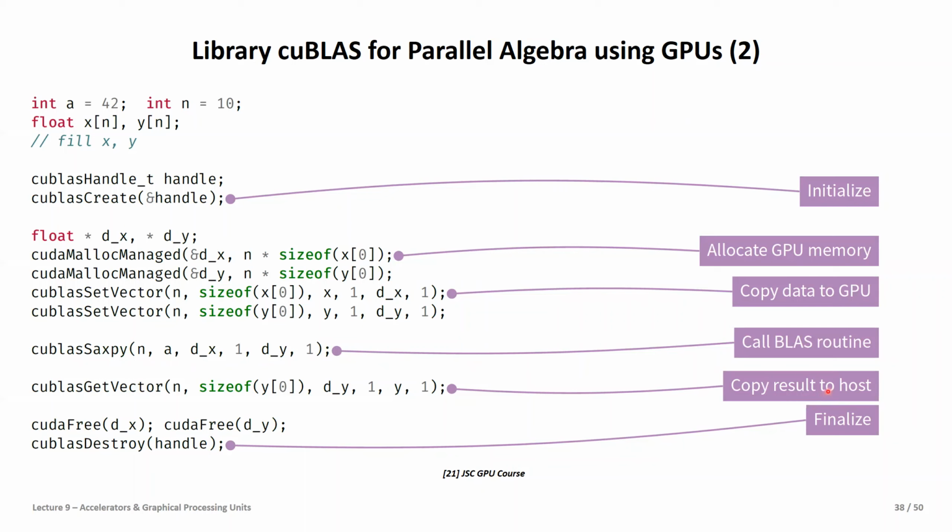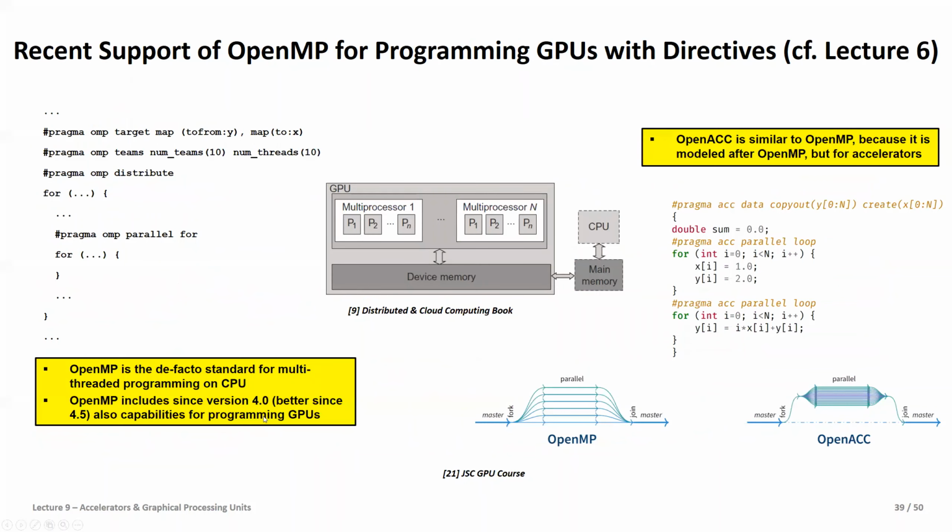Coming back with the results to the host, we are interested in the newly computed y, because y is nothing else than a times x plus y, stored back into y. So you are interested in the results of all of this, and then you free the handle. It's just one example of how you could program SAXPY using accelerators with a cuBLAS library.